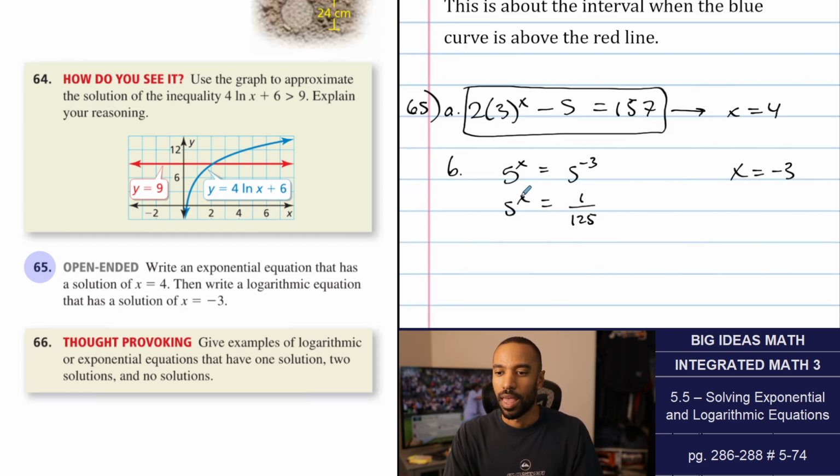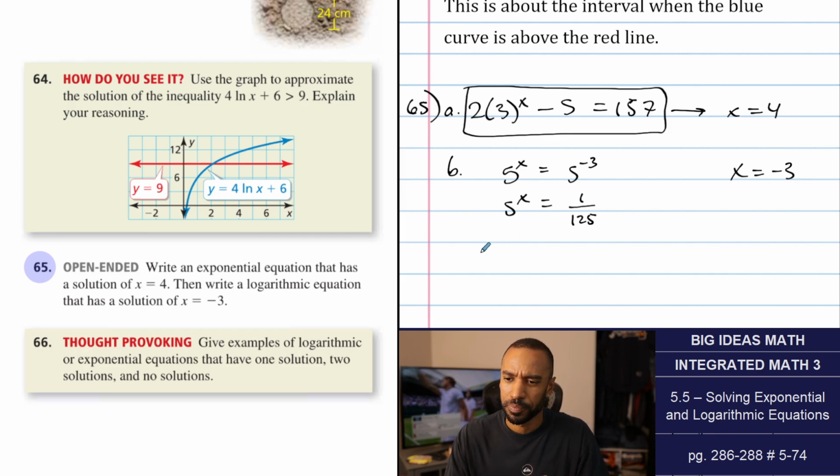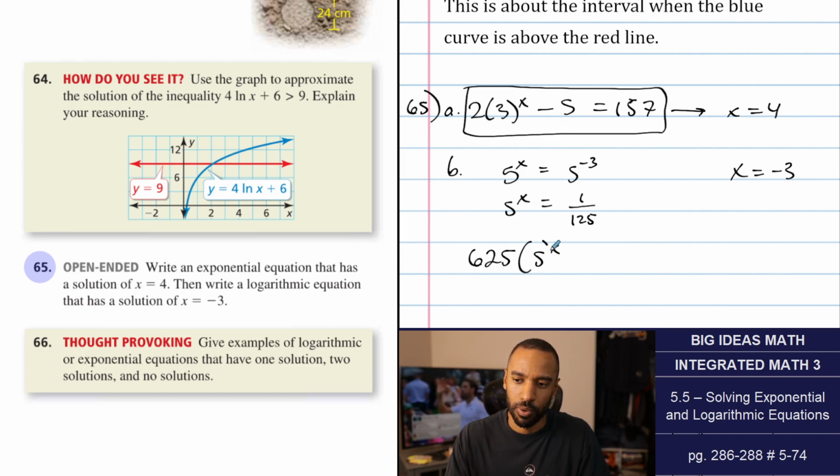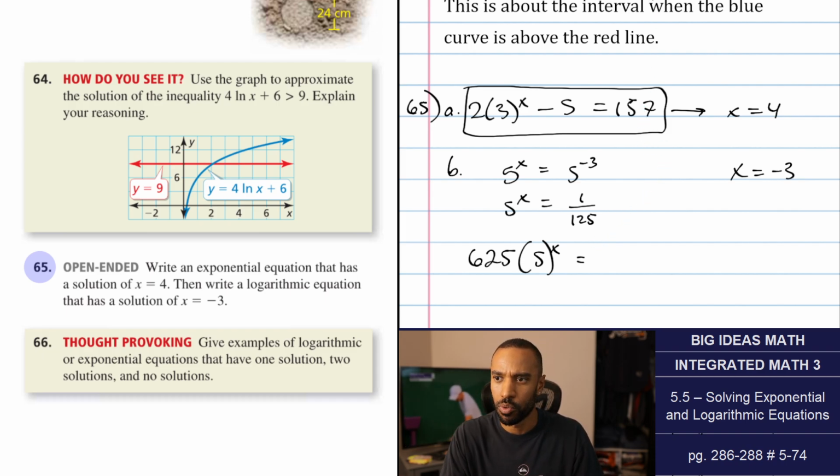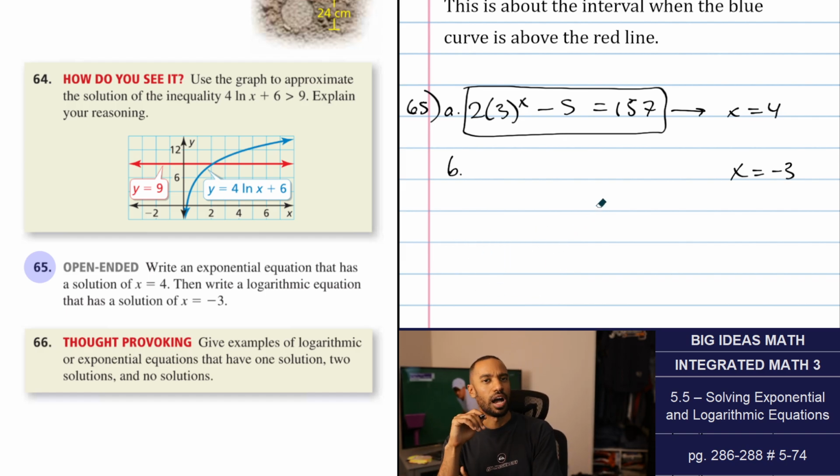What if I had, I just want to do a multiplication from this thing. I'm going to do 625 here because that will clean up some of what I have. Wait, hold on. That's still an exponential equation. That's not logarithmic. What am I doing? What would be a logarithmic equation that would have this?